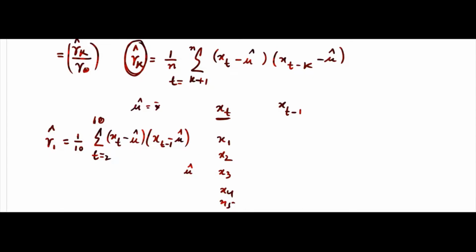Similarly, in place of writing x and y, normally we used to write x1, x2, xn and y1, y2, yn, with x bar here and y bar here. We take x1 minus x bar multiplied by y1 minus y bar, x2 minus x bar multiplied by y2 minus y bar, up to xn minus x bar multiplied by yn minus y bar.